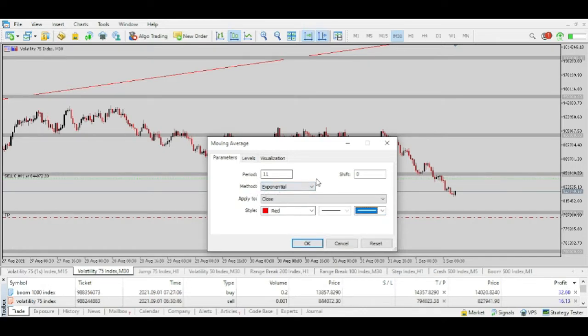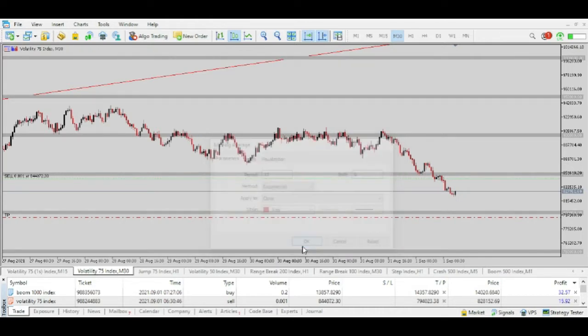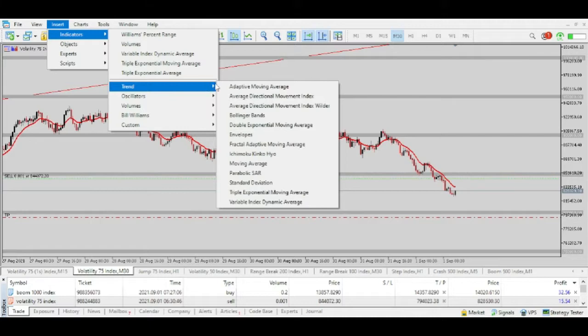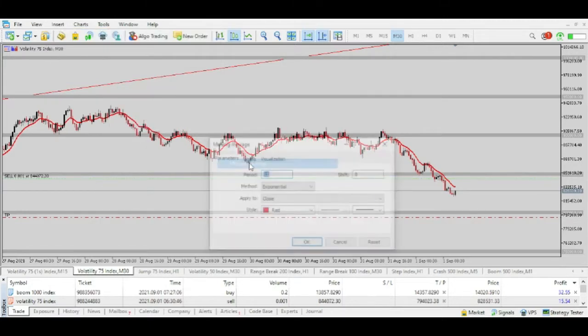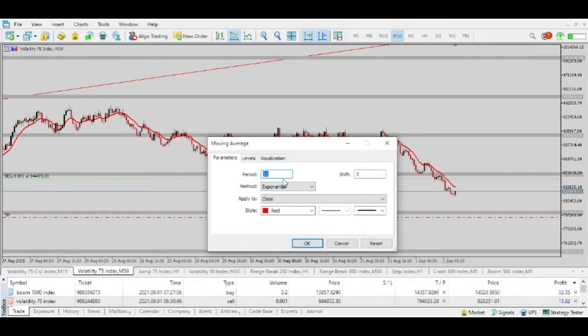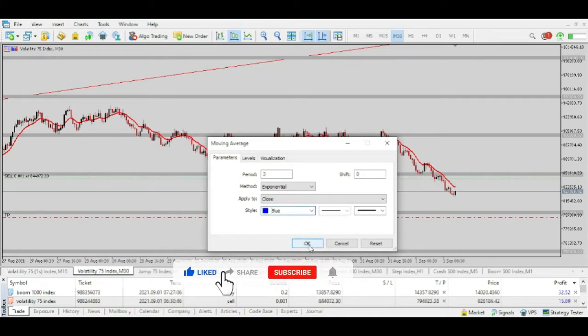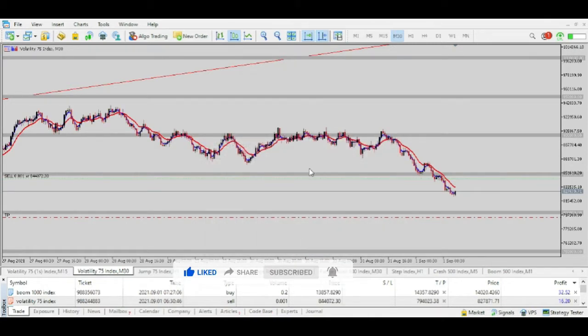So here we have our first moving average, which is moving average 11 exponential. There we have it, and because it's a moving average cross strategy, we are also going to add another moving average, the shorter time frame one, which is 3, and let's just change the color to blue. We've got blue and red.